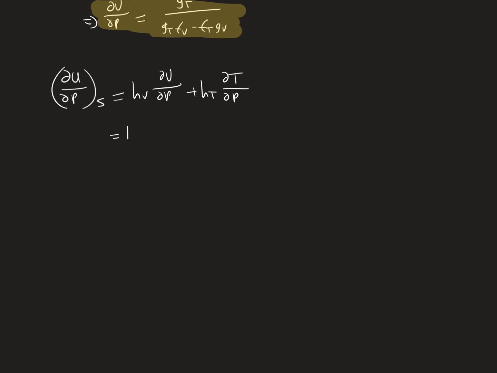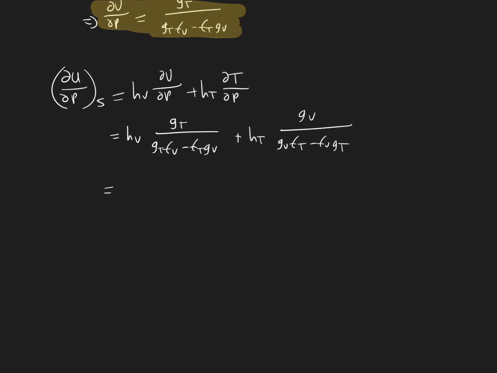And if we do that, we get h_v times g_t divided by (g_t f_v − f_t g_v) plus h_t times g_v divided by (g_v f_t − f_v g_t).